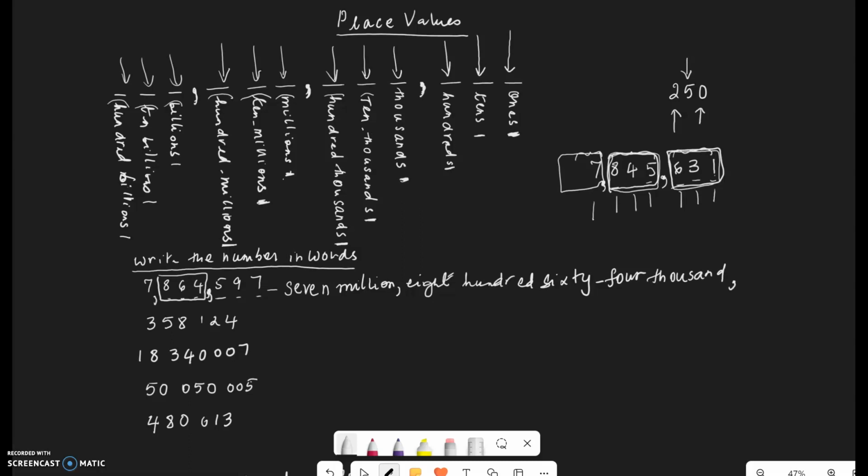Then we put a comma, and then the next period, just read the number as you would. 597.